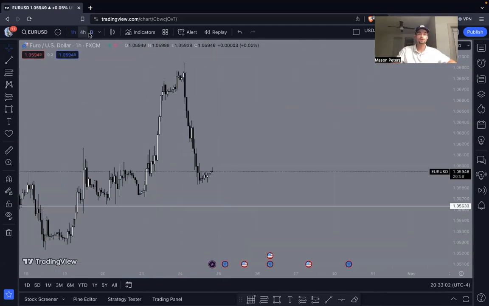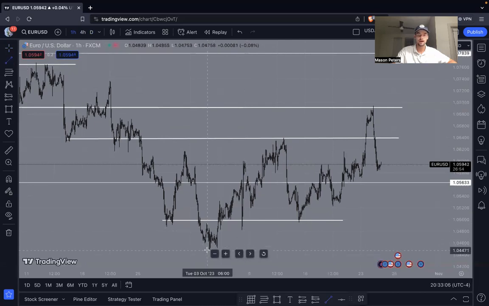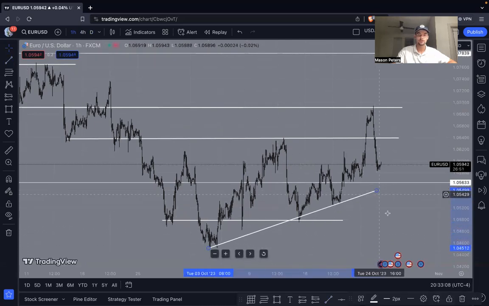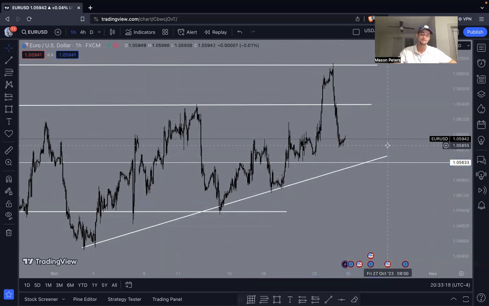Now, for shorter term trends, we are in a current uptrend. You can see that it's respecting this trend line. So 1, 2, 3, 4, 5. Five times it's bounced off of this uptrend. Now, if I continue the line here, price should continue down back to this support and trend line and then continue higher.